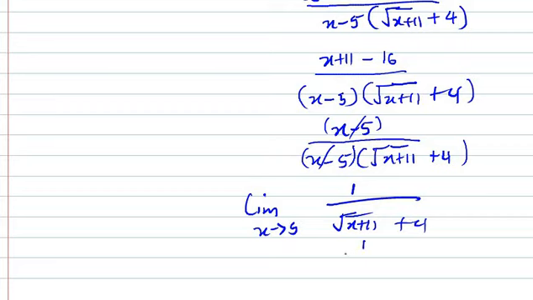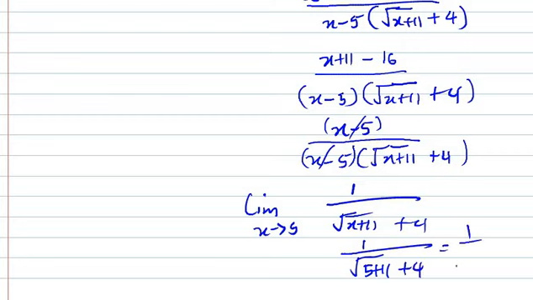So we can say 1 all over root of 5. We're going to substitute x to be equal to 5. Wherever you see x, just replace it as 5, plus 11, and then plus 4.